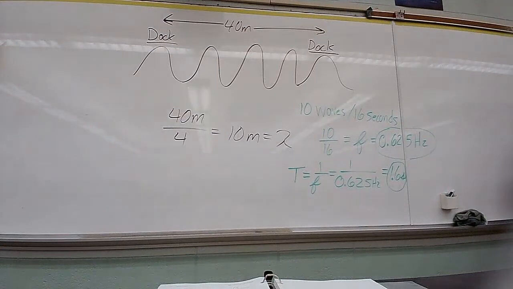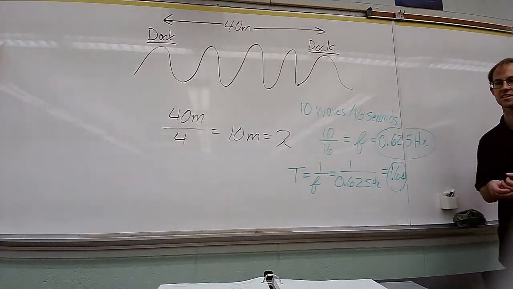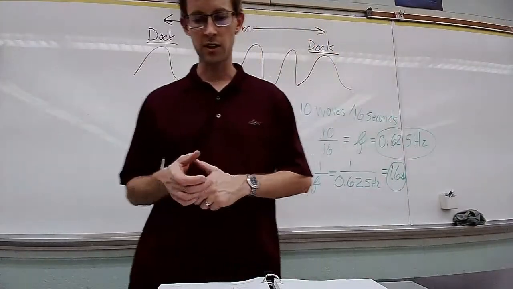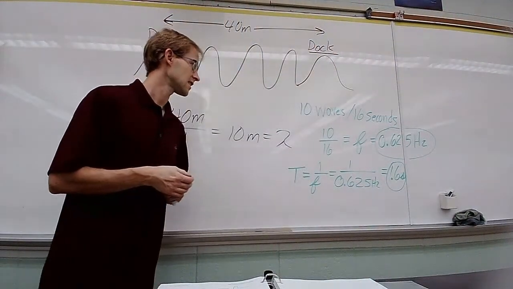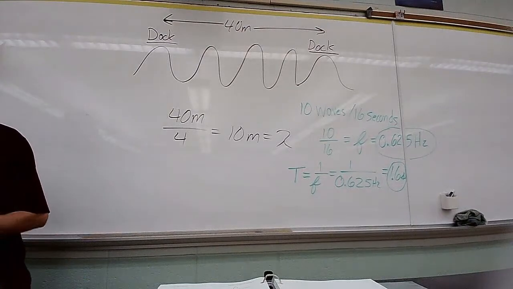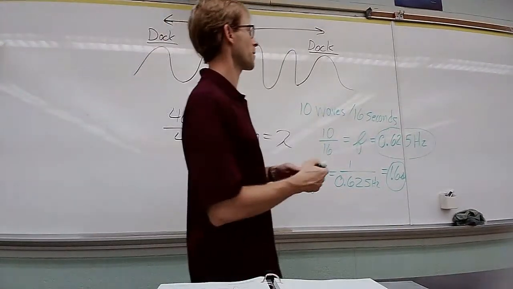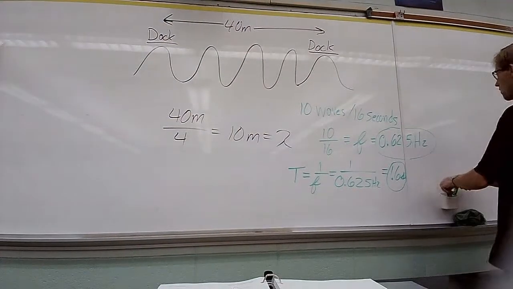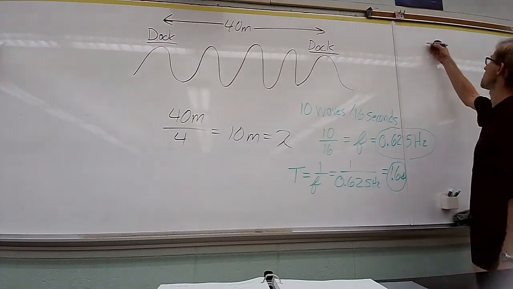Further questions on letter A or B? Okay, so now letter C says, what is the speed of the waves? And speed is something you can calculate because you've got the equation in your notes. You've got the equation in your formula sheet, on your notes from Monday.